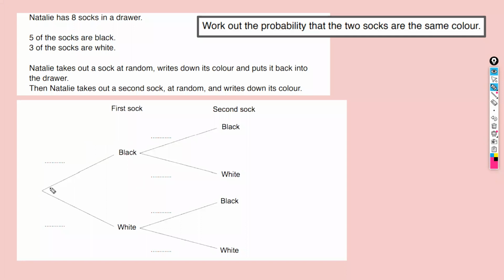On her first pick, set it as a fraction, what's the probability that she picks a black sock? It's not a trick question, so don't be shy about sending the answers. Sadiq, why do you say 5/7? Check it back. How many socks are in the drawer? 8. Okay.